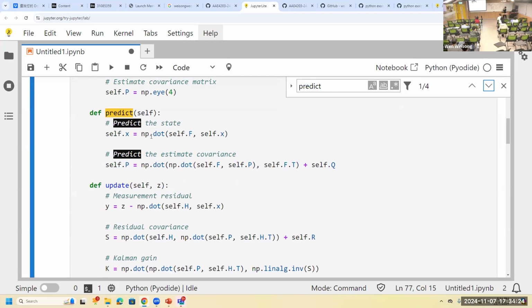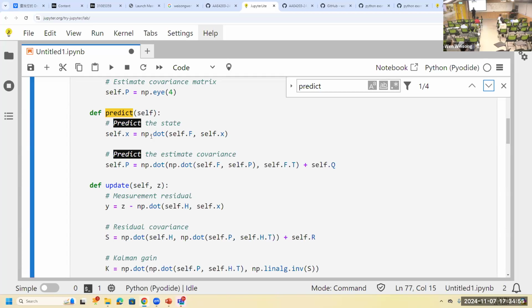The first one is this equation: x is equivalent to f multiplied by x, where the dot means multiplication. The second one is the calculation of P. P is equivalent to F P F transpose plus Q. Q means the process noise, which means how much you trust the visual odometers.